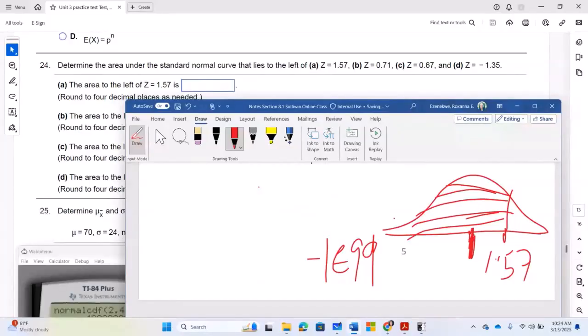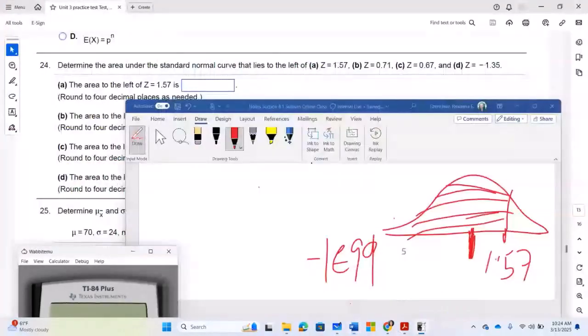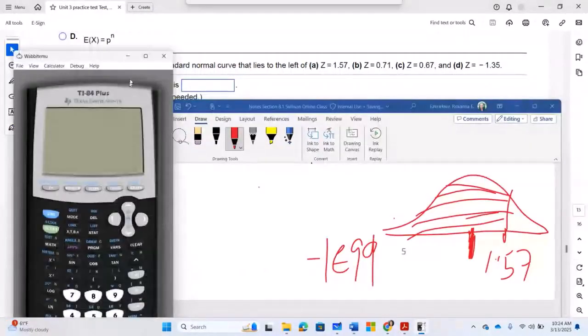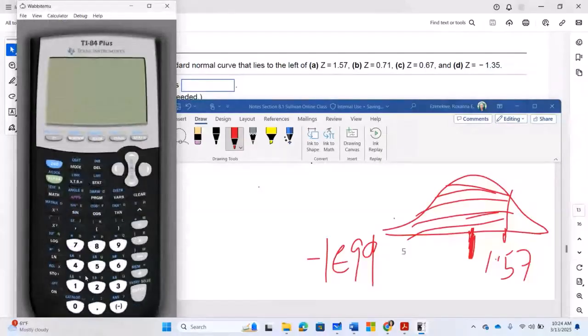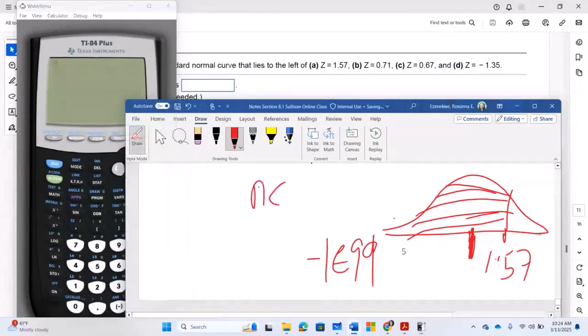Okay, so I am going to do normal CDF. But what am I putting in normal CDF? It is the normal cumulative density function.